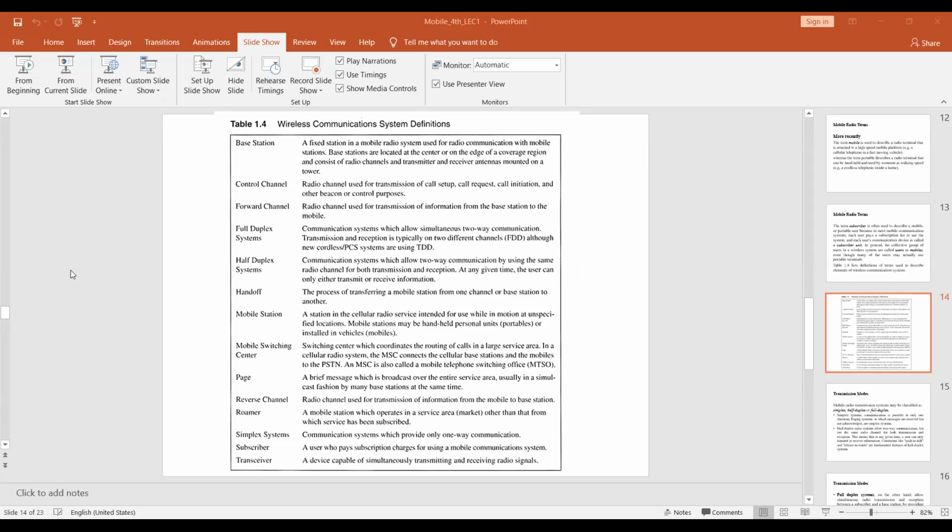Mobile switching center, or sometimes it is called mobile switching office. And these are base stations.